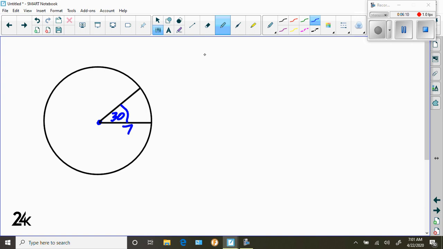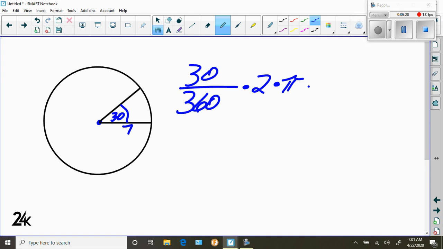Here's all you would do. You do 30 over 360, then multiply by 2, then multiply by pi, then multiply by 7. So now all I'm going to do is 30 times 2 times 7.